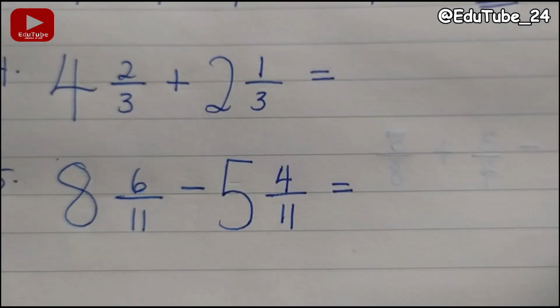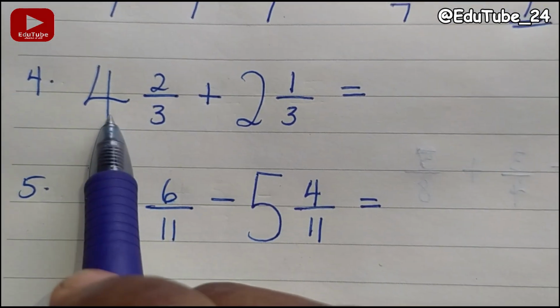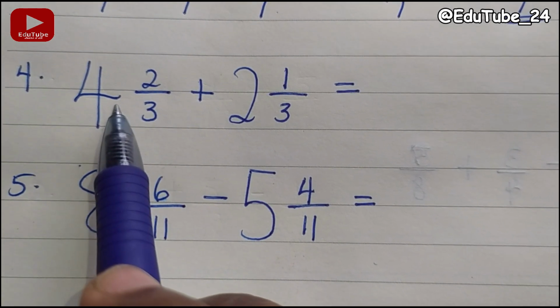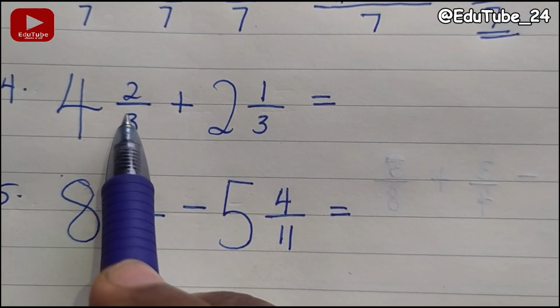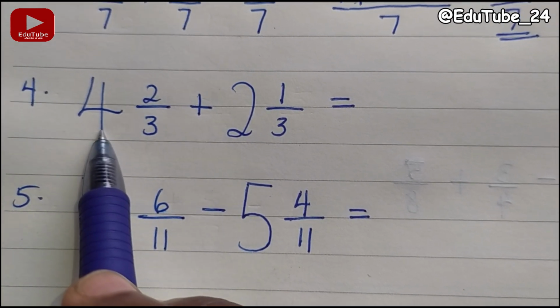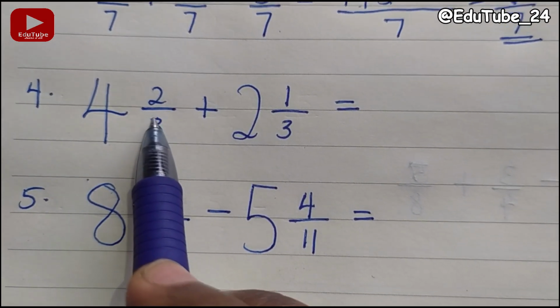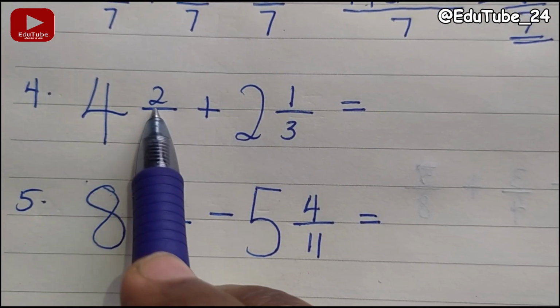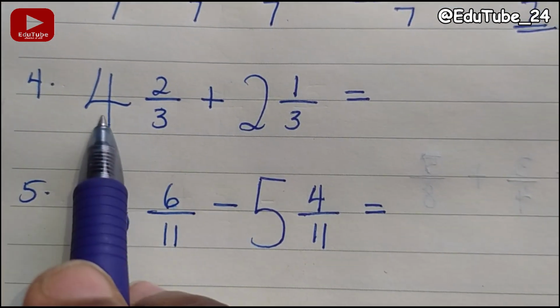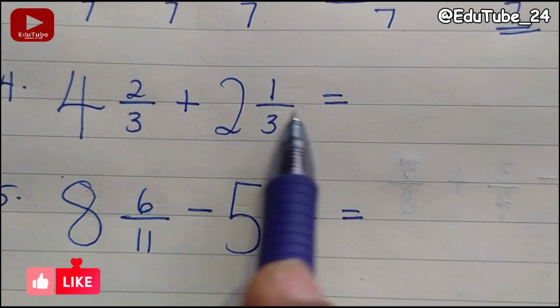Then for example number 4, we are doing addition of mixed numbers. A mixed number is a number that combines both a whole number and a proper fraction together. So it's a mixture of a whole number and a proper fraction. In this case, we are adding these mixed numbers together.